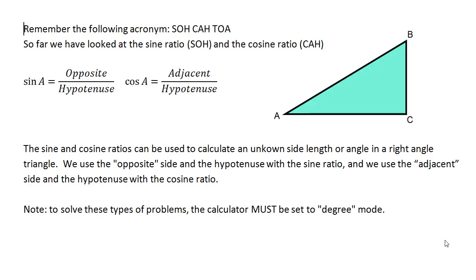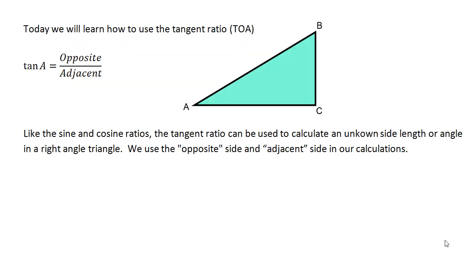Now remember, with sine and cosine, that sine of an angle is opposite over hypotenuse and cosine is adjacent over hypotenuse. And we're using the acronym SOHCAHTOA to help us remember which side lengths go with which ratio. Sine being opposite hypotenuse, CAH is for cosine, uses adjacent and hypotenuse, and TOA then is going to be using opposite and adjacent.